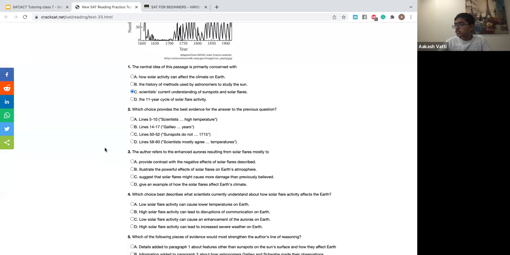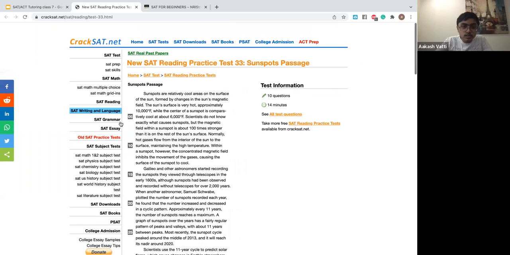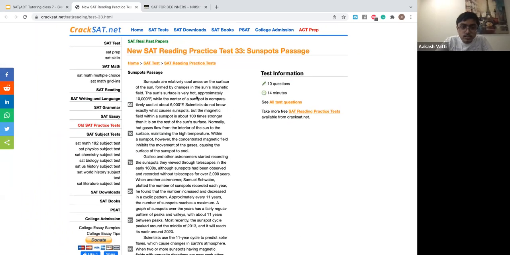All right, which choice provides the best evidence for the answer to the previous question? So let's look at this. Lines 5 to 10 are in the first paragraph, and we said it's about what sunspots are and what scientists know about it.